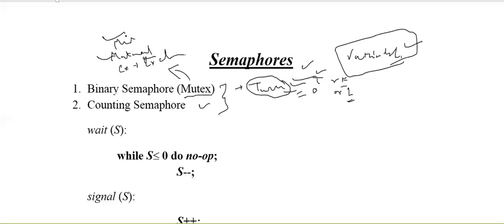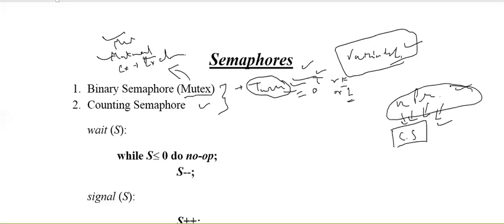Now, how is this counting semaphore different from other solutions? Whatever solutions we had discussed till now were for n processes. Here we focused on one critical section, and if several processes want to enter into that critical section, how to manage it. That is what we have done so far. Now suppose I have three critical sections or three resources.